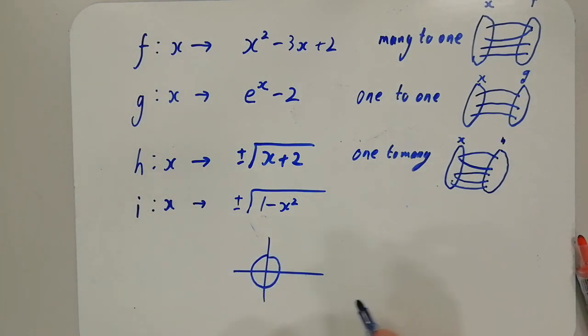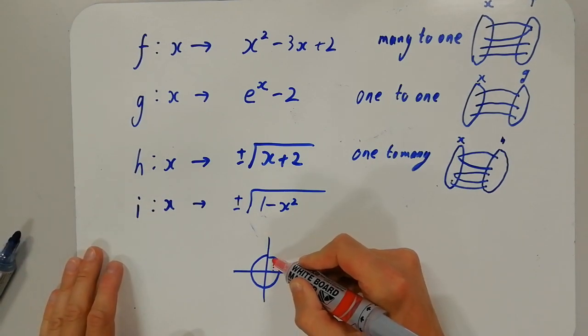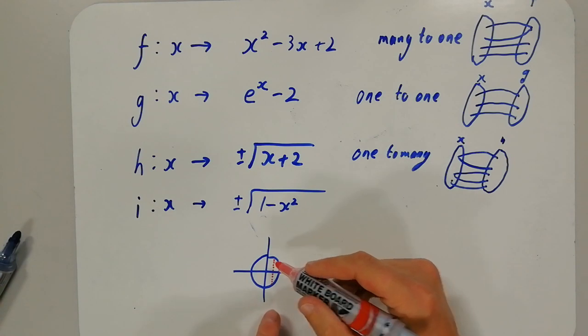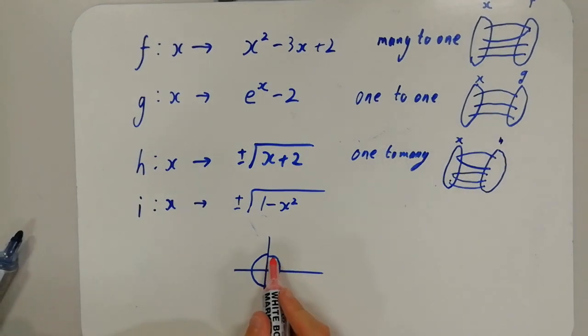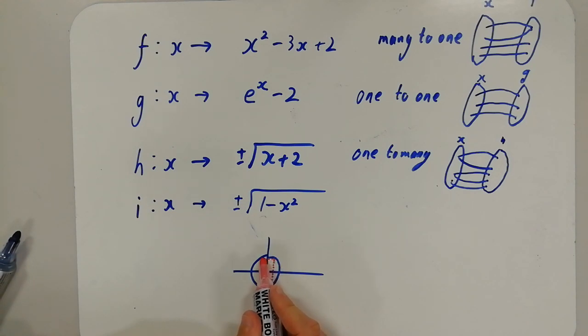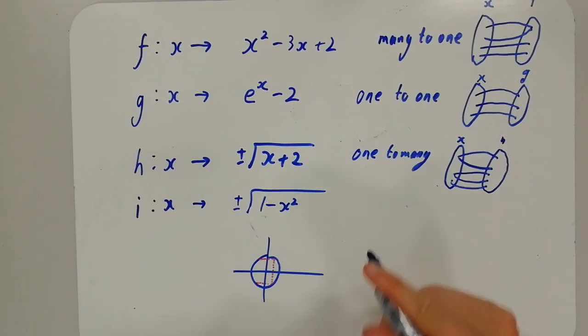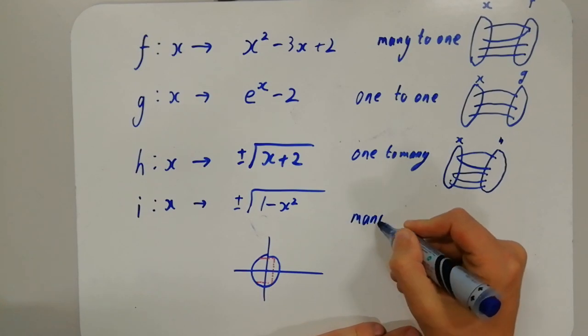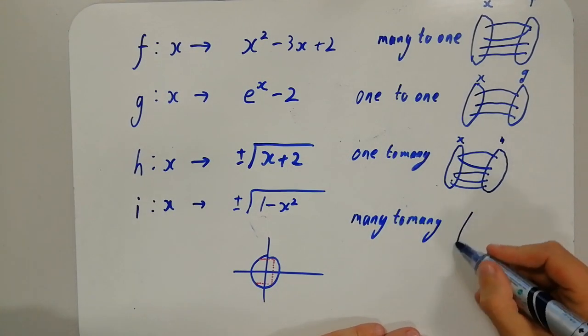And now we reach the many-to-many case. If I have an input, that could have gone to many outputs. Again, remembering that many means two or more. But also, that output could have come from many different inputs. So in this case, we have a many-to-many mapping.